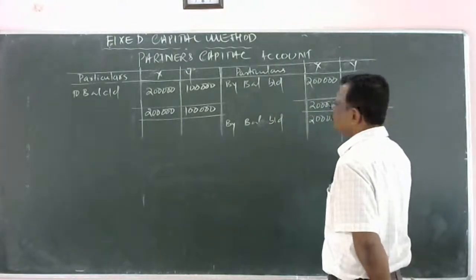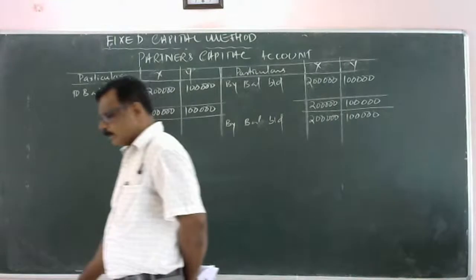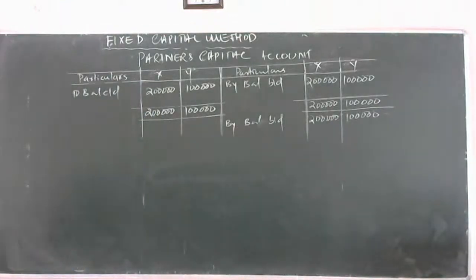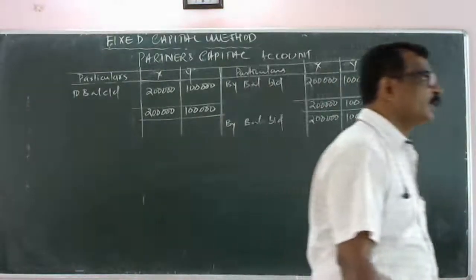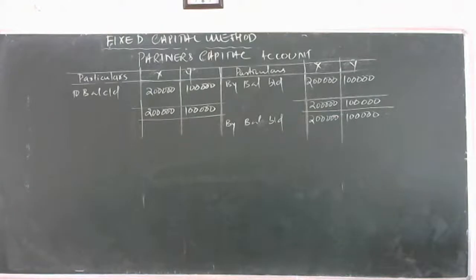Here there is no change in the capital because capital is fixed. Capital is fixed because no adjustments are made to the capital account. There is no additional capital, and also there are no capital withdrawals. Capital ಅಲ್ಲಿ ಯಾವುದೇ ಬದಲಾವಣೆ ಇಲ್ಲ.